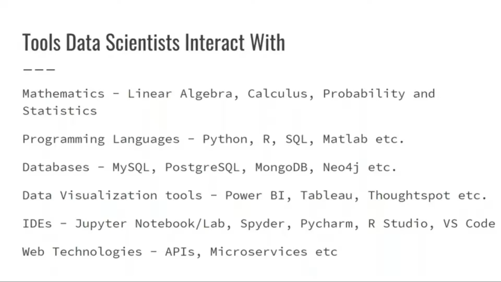SQLite is not really used in the industry, but it's used for prototyping. But there has been a shift in the last few years towards using NoSQL databases and graph databases. So that's where you see databases like MongoDB and Neo4j, where you store data in a different format.